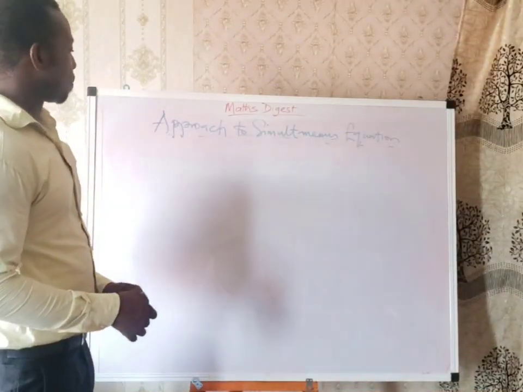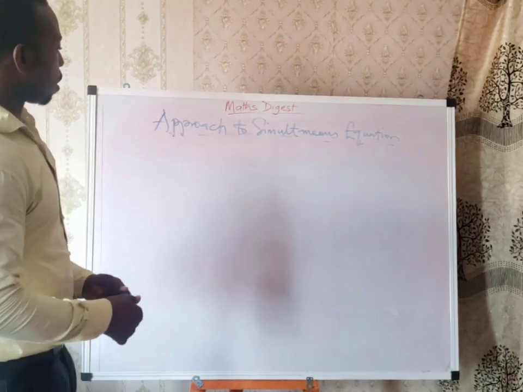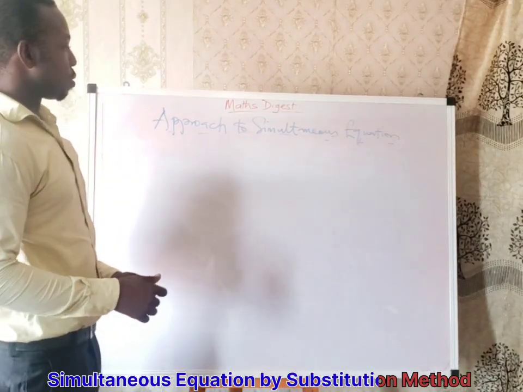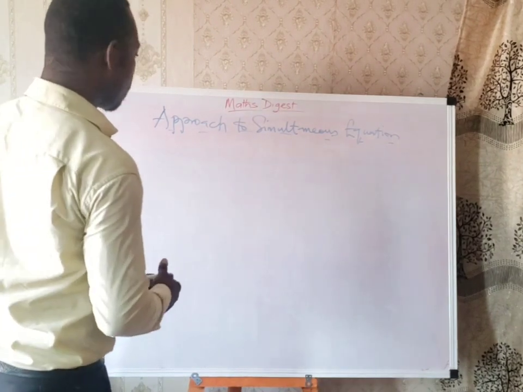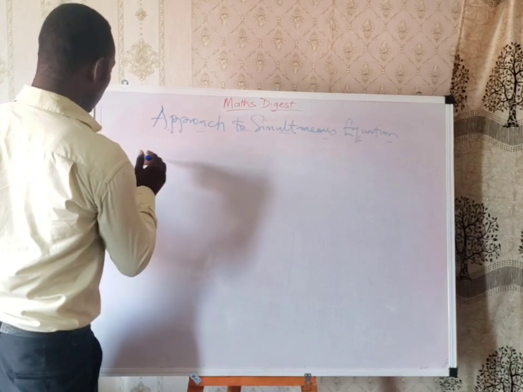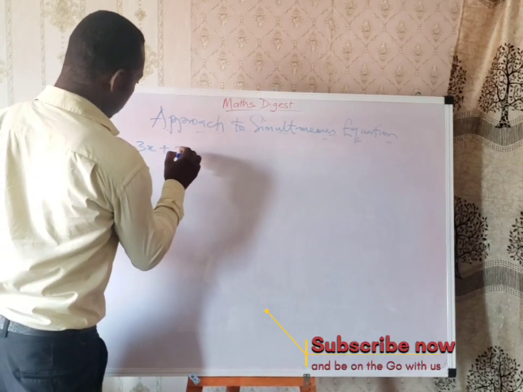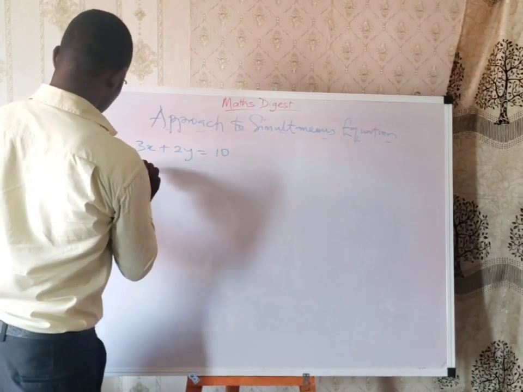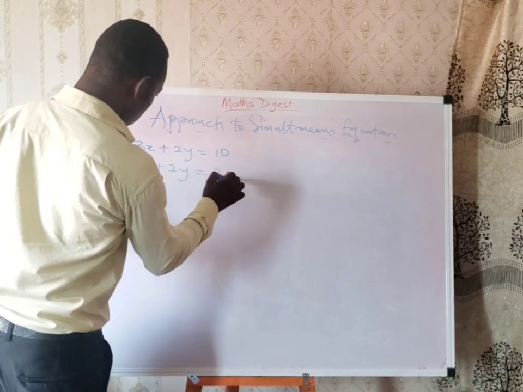All right, so we want to look at an example of simultaneous equations with the substitution method, just like the equation we gave before: 3x plus 2y equal to 10, and x plus 2y equal to 2.